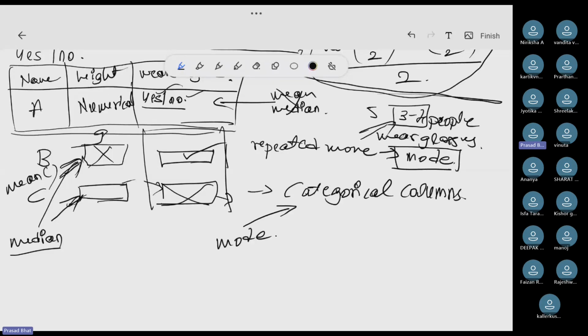Mode. Whatever the mode of the existing data is, pick that value and replace the missing values with the mode. Sometimes even these create nonsense in the model, but don't worry, this is the basic idea, the initial simplest way of cleaning the data. These are the metrics used.